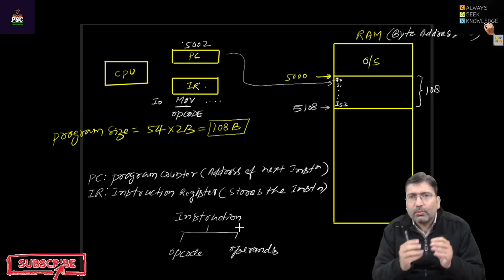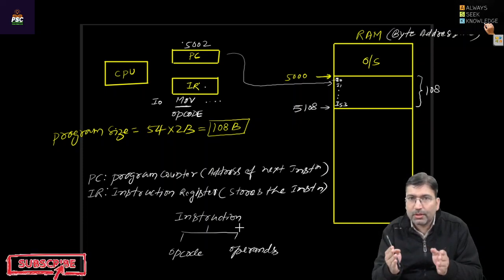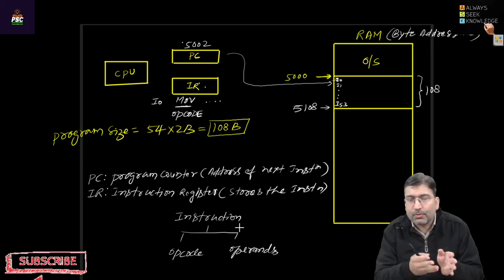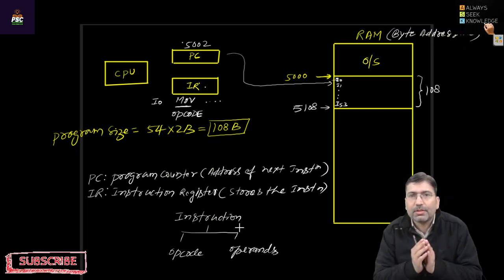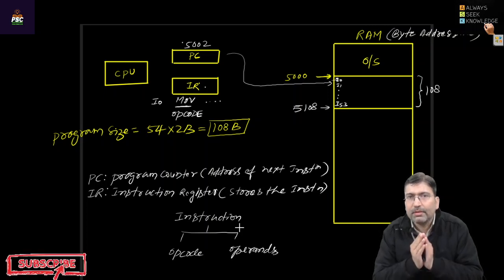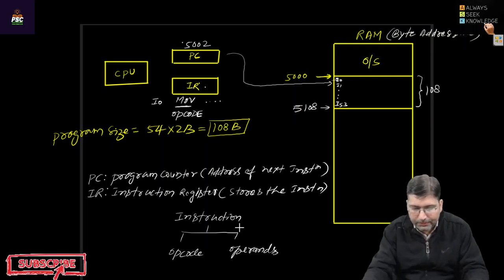Now, when the CPU switches its control from process 1 to process 2, what happens to process 1? Process 1 needs to be preserved somewhere, in the memory, meaning RAM. Inside the RAM a data structure has to be created which stores all the required information of the process.